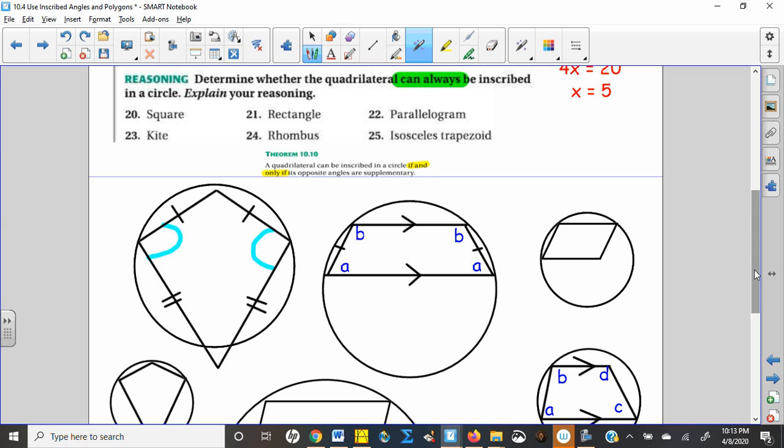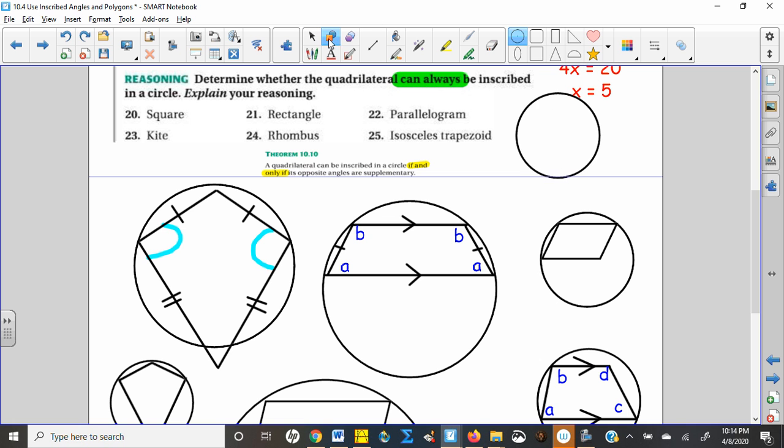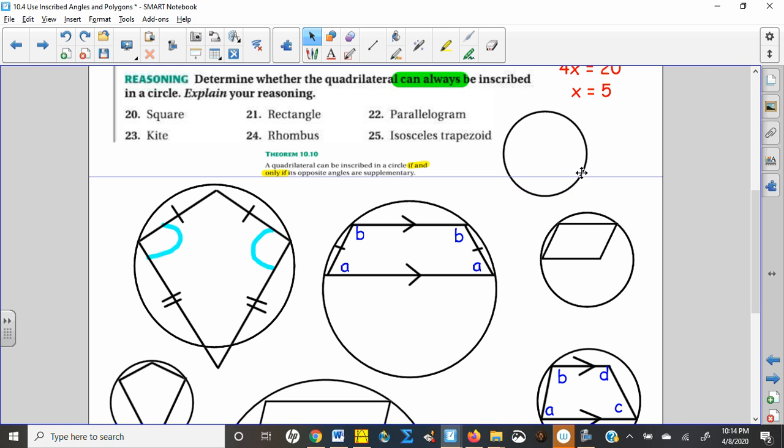Number 20, a square. Well, heck, a square is always going to be four right angles, which means that the opposite angles will always be forced to be supplementary. So here's our circle, and here's our square, and I will be able to find a circle that inscribes that square.